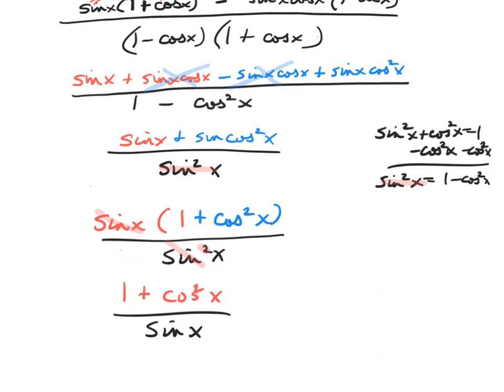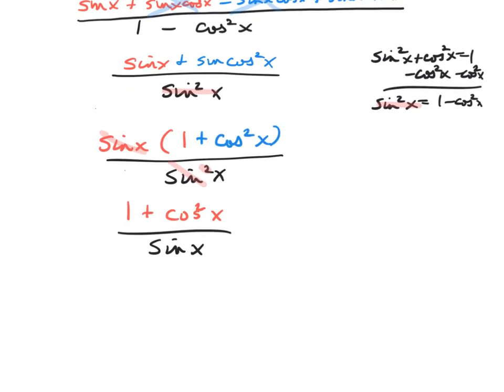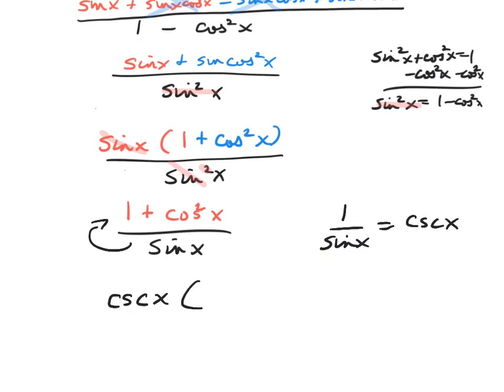So now what I need to do is, if I look back at my right side, I'm trying to get a cosecant in front. So recall that 1 over sine x, which is what I have, is equivalent to cosecant x. So I'm just going to bring the sine x to the top, turn it into cosecant, and then leave the red.